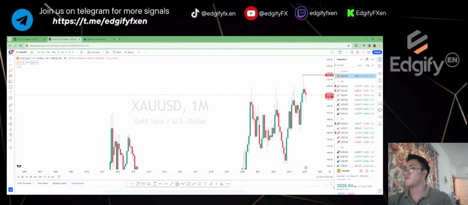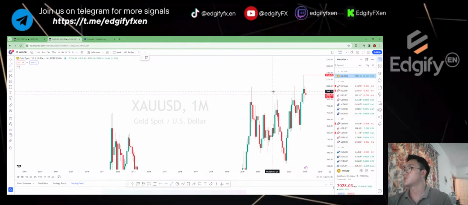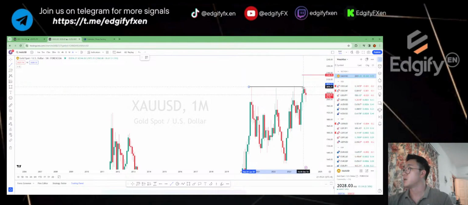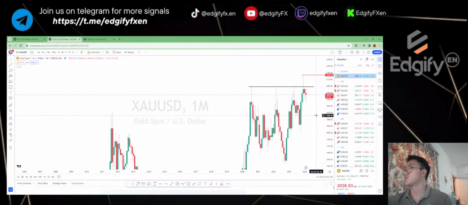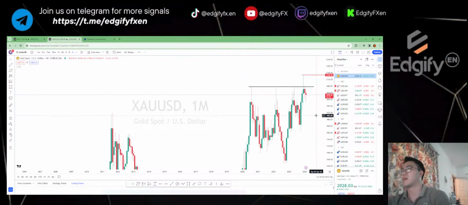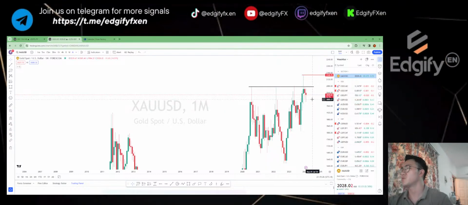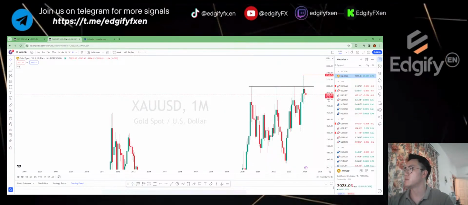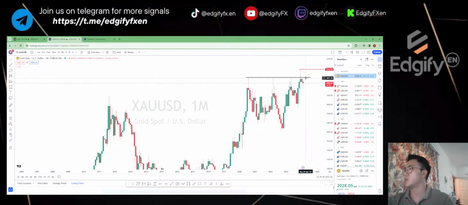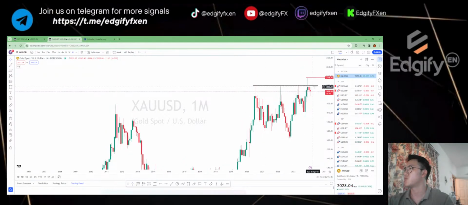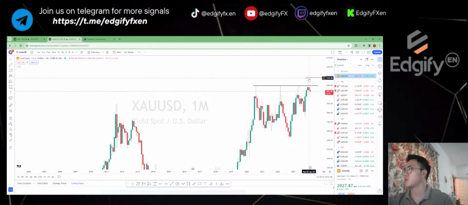But if we look at this closely, these three highs, there's no candle body closing above, right? So this is on the monthly. If you're going to trade on the monthly candle, then you know that this high here is rejecting. This doesn't mean that it creates a new all-time high.